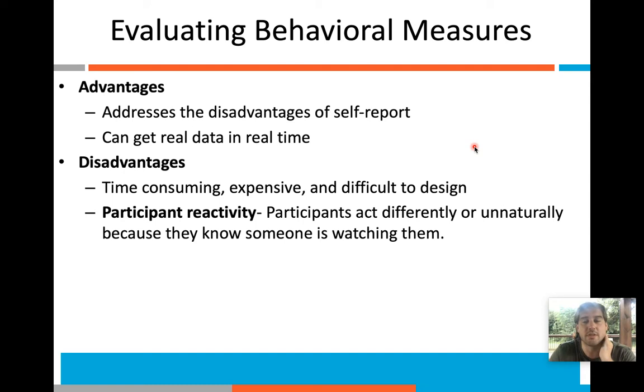And in addition to that difficulty, if participants know that you are there or know that someone is watching them, they might behave differently. This is called participant reactivity. Think of the social desirability disadvantage of self-report, but now we make it behavioral, right?